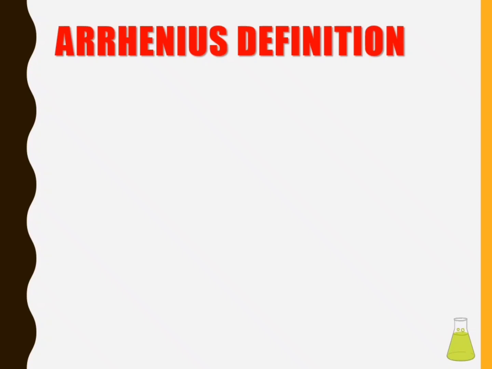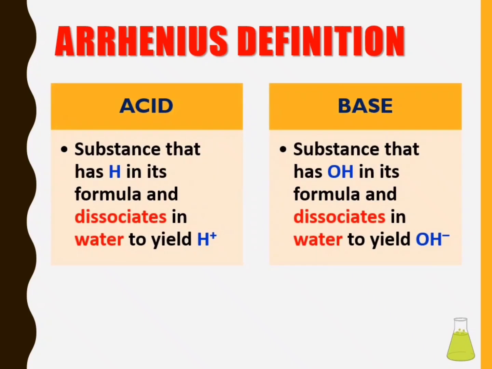For Arrhenius definition, it will divide into 2, which is acid definition and base definition. Arrhenius tu sebenarnya nama orang kelas, okay? Saintis. So ini apa yang dia keluarkan fatwa dia lah, berkaitan dengan acid and base. So ini adalah according to Arrhenius.